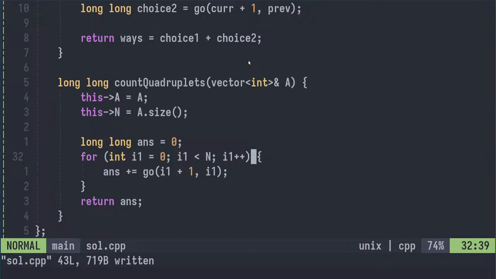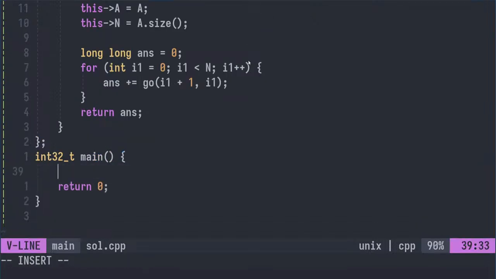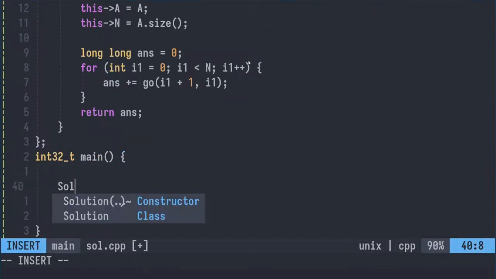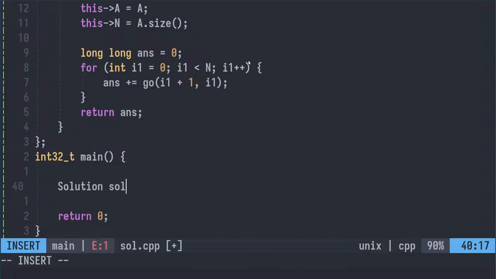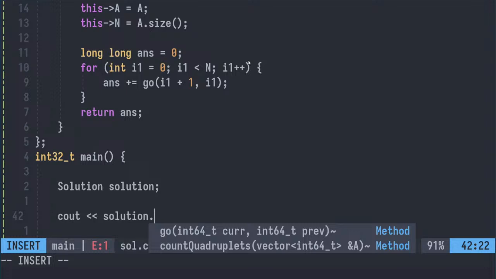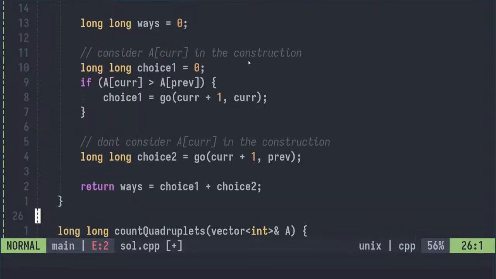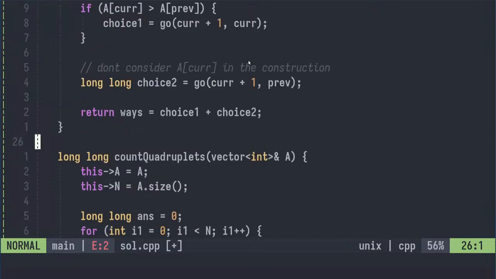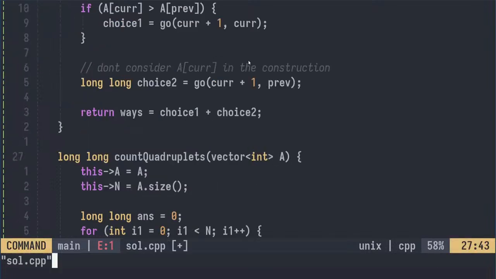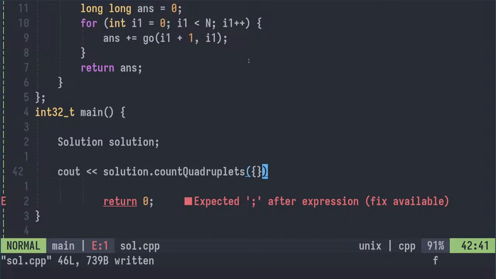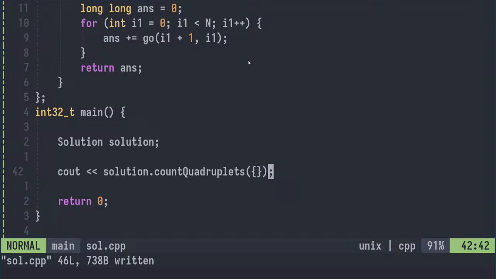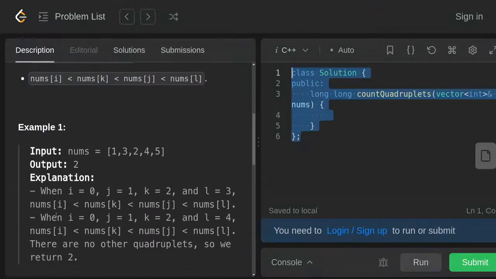Done. Let's try it on the samples. Okay, what for the samples?